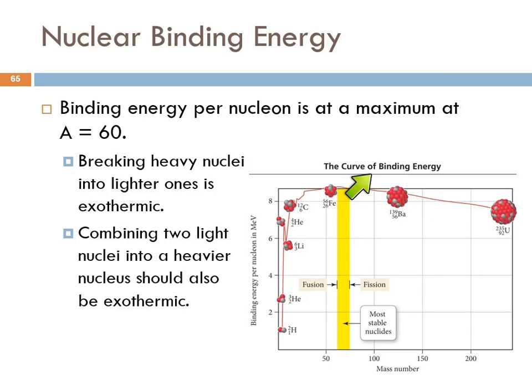And so we find that breaking heavy nuclei into smaller ones is an exothermic process because these are more stable. You take uranium-238, you break it into smaller pieces, it becomes more stable. And we would also expect that combining two lighter nuclei into a heavier one would also be exothermic. And it turns out that it is.